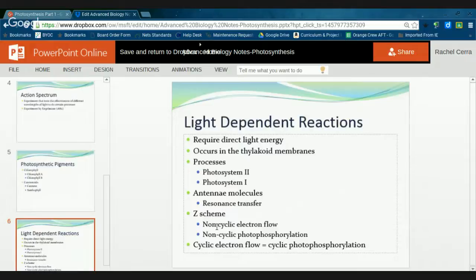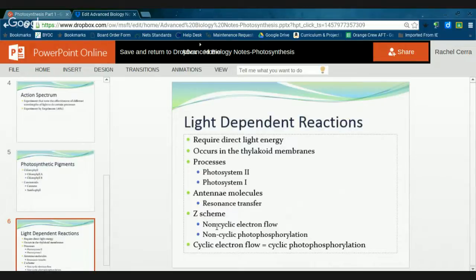Again, just like with photosystem 2, the electrons aren't going to just hang out with the primary electron acceptor. They're going to fall back down, but instead of going to a different molecule, they're going to cycle back down into the chlorophyll A P700.